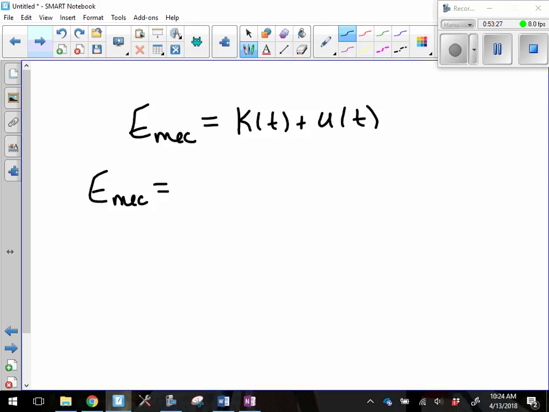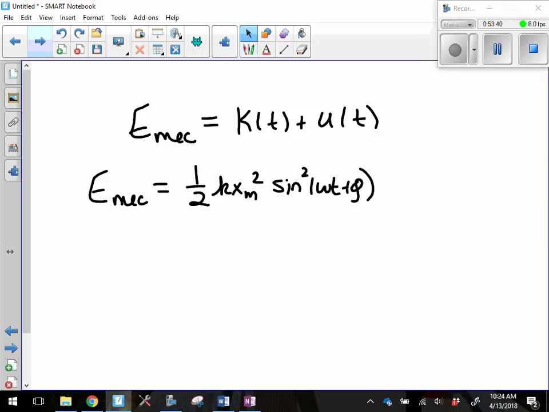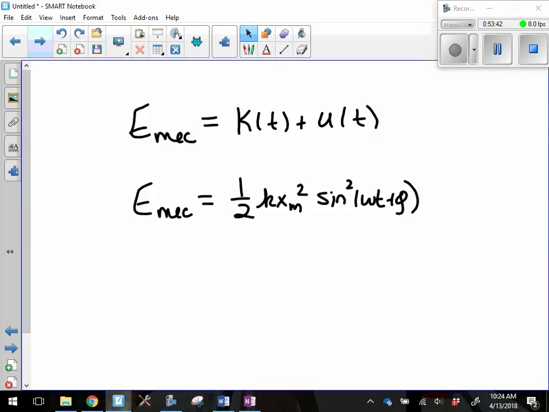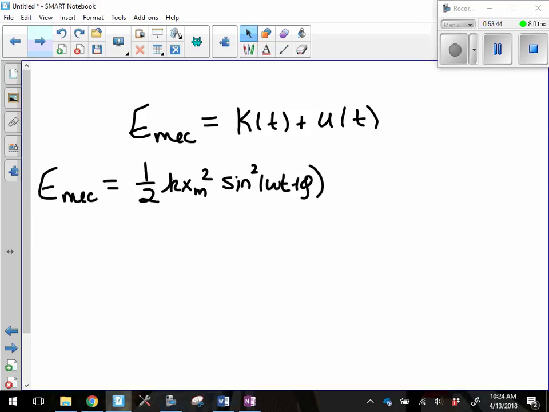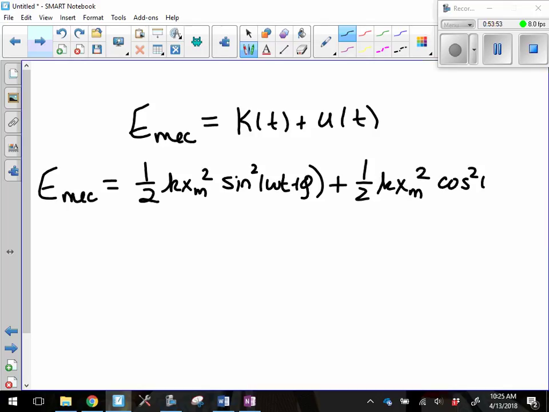So if we write these down, our kinetic energy was 1/2 k x_m squared sine squared(omega t plus phi). And our U was 1/2 k x_m squared cosine squared(omega t plus phi).